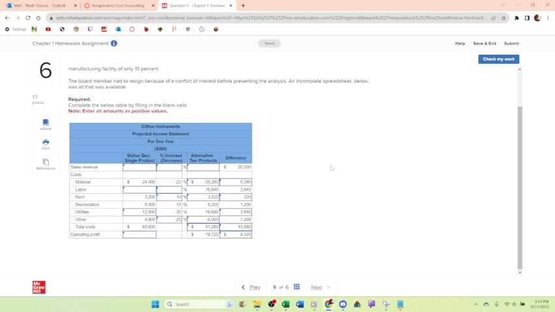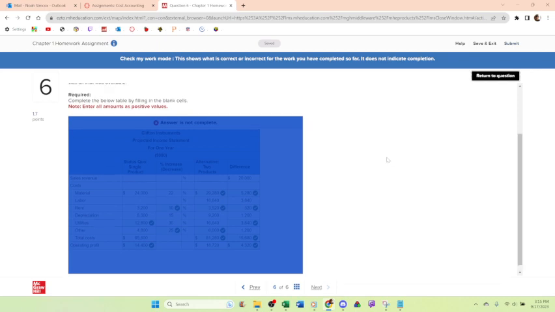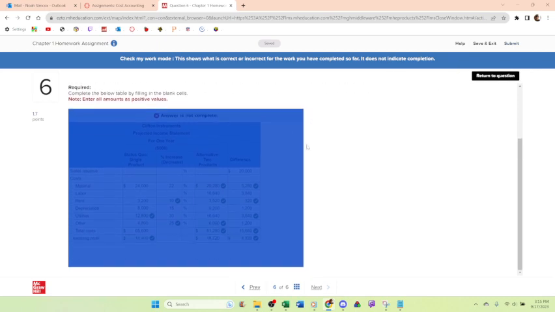We know the total difference. Since we know the total difference, we can calculate the operating profit of the status quo. So, 18,720 minus 4,320 is 14,400.